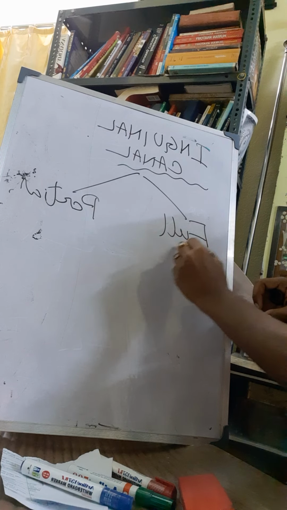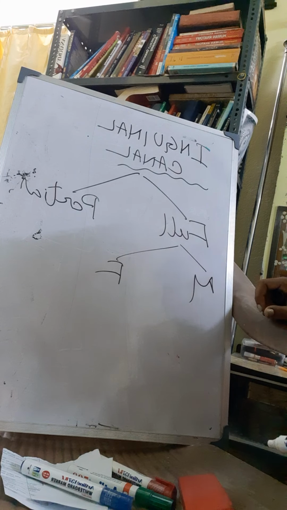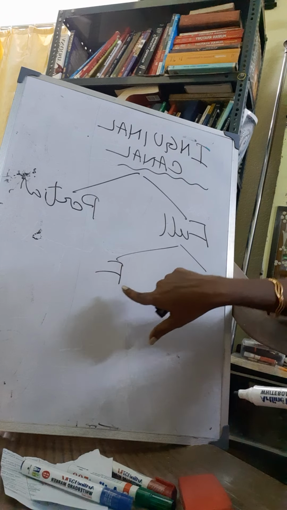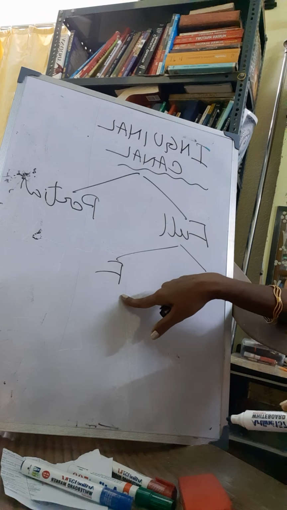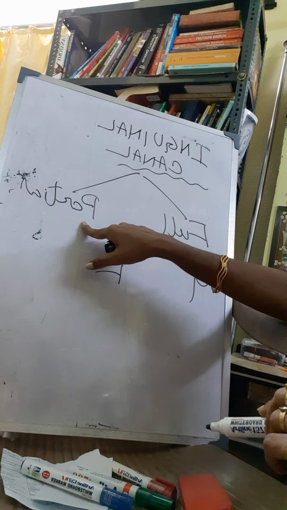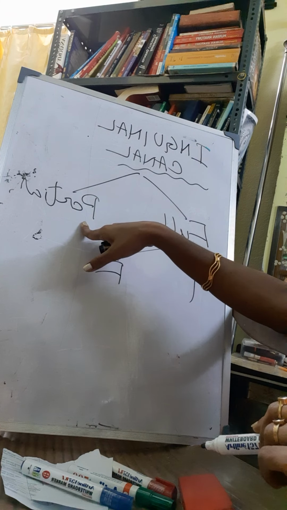Again, full content is different in case of male and female. In case of male, the full content is the spermatic cord, and in case of female, it is the round ligament of the uterus. And the partial content, for both male and female, is the ilioinguinal nerve.